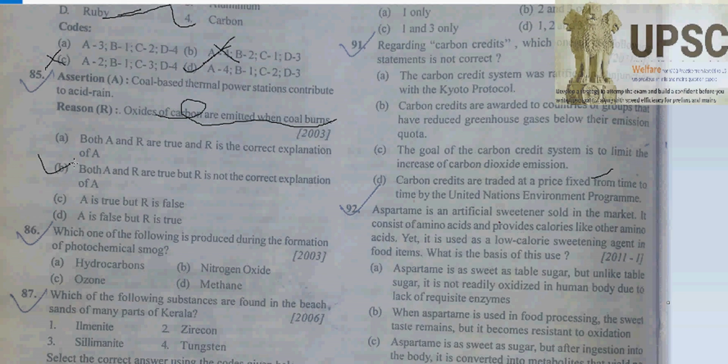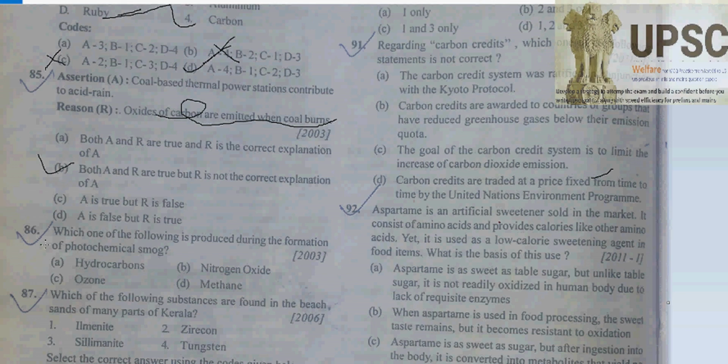Oxides of carbon, CO and CO2, are also emitted when coal is burned, and form the corresponding acid, H2CO3, which is comparatively very mild and not the cause that bears the impact.